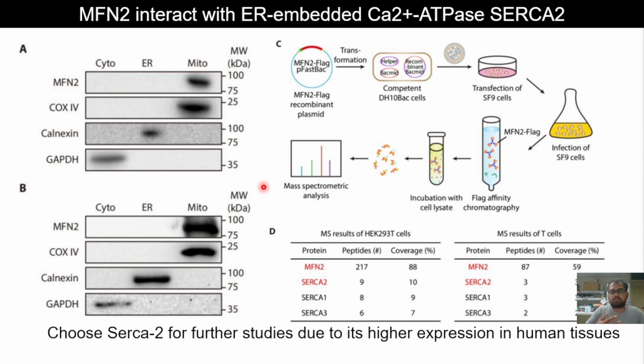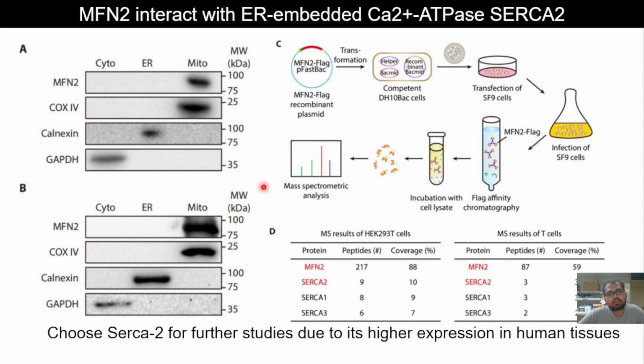So this data made them think whether this MFN2 is actually expressed in ER or not. In this paper they are not explicitly saying that it is not present on ER, because it is already reported that it is present on this ER membrane.